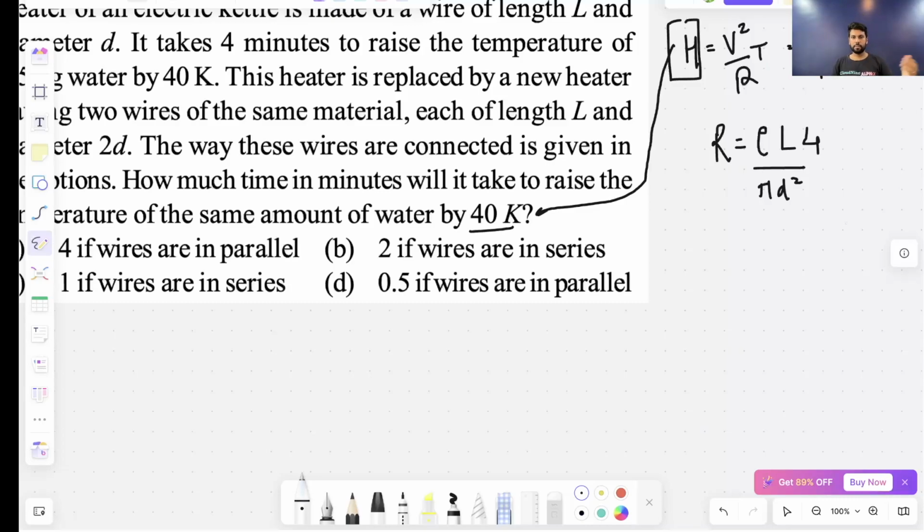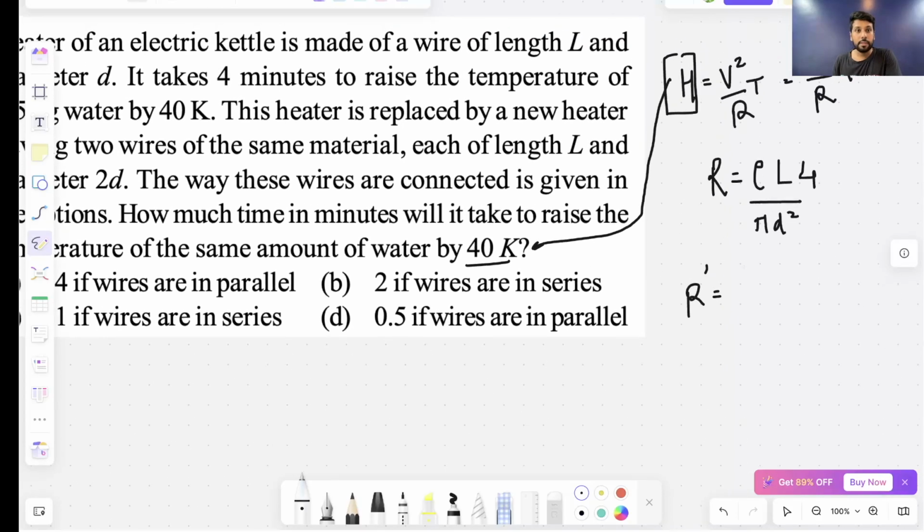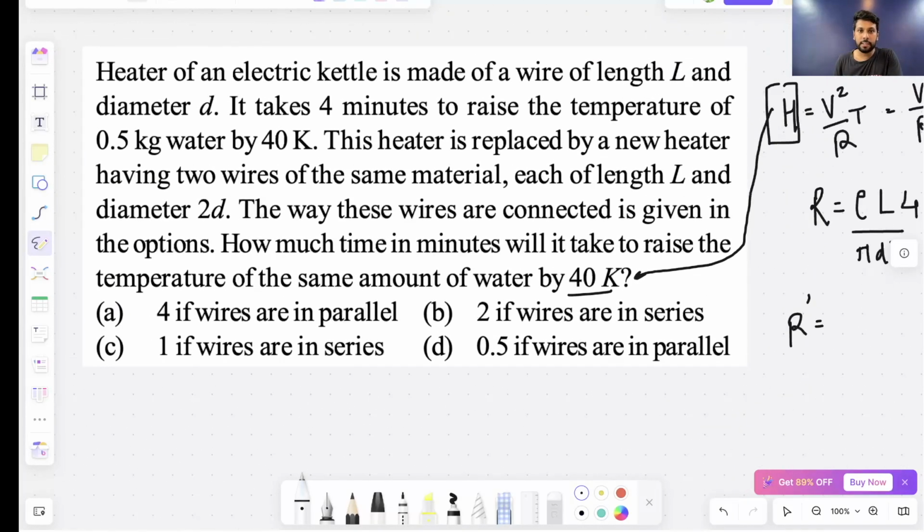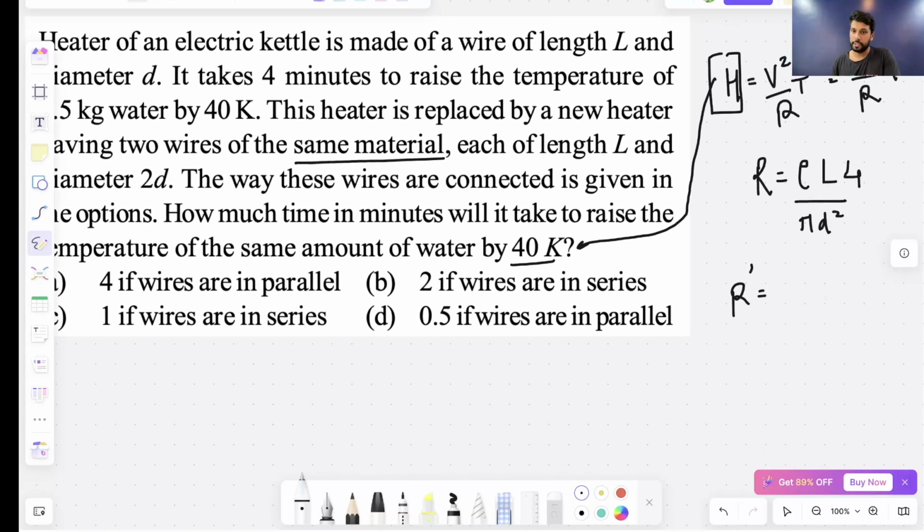But now the equipment is changed. First let us see what is the resistance of the new wire. The length is the same, and the material is also the same. When I say same material, they mean that resistivity is the same.